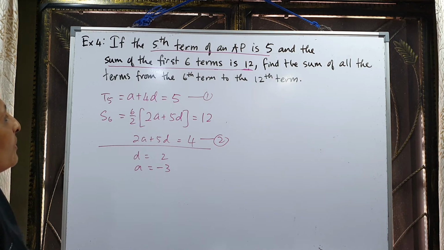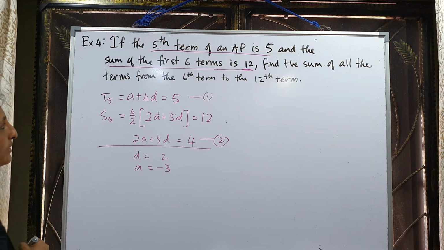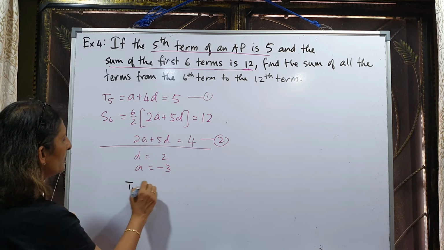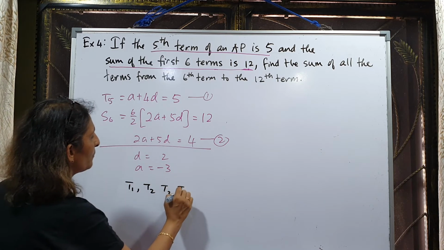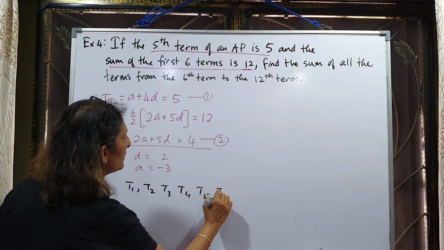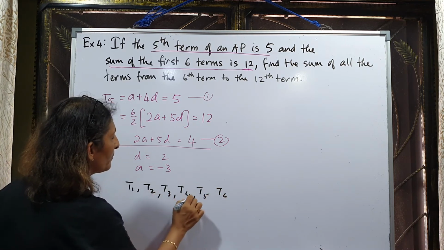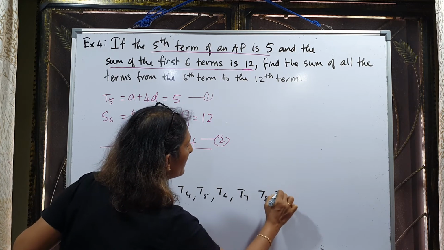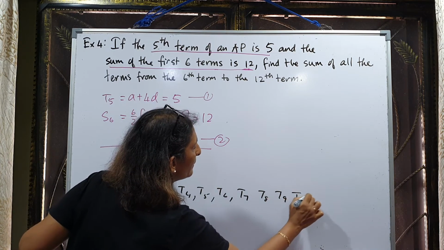Find the sum of all the terms from the 6th term to the 12th term. Now you see, you have these terms here, T1, T2, T3, T4, T5, T6, and T7, T8, T9, T10.